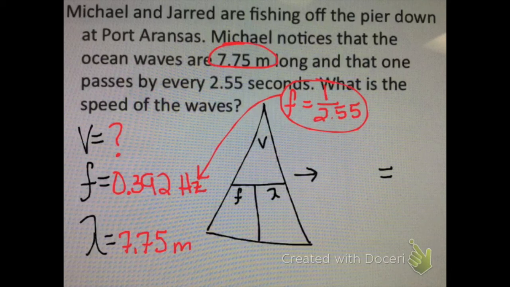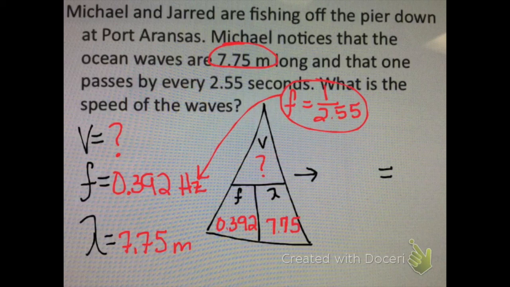Those of you that need to use a triangle, let's plug those in. So this is what you were looking for. The frequency is 0.392. And then our wavelength, our lambda, is 7.75.